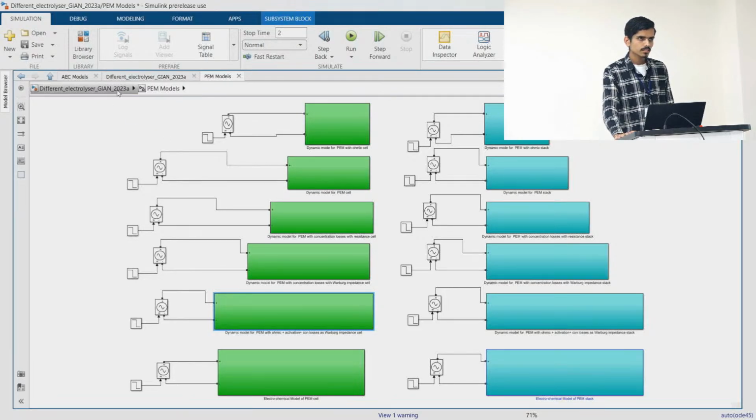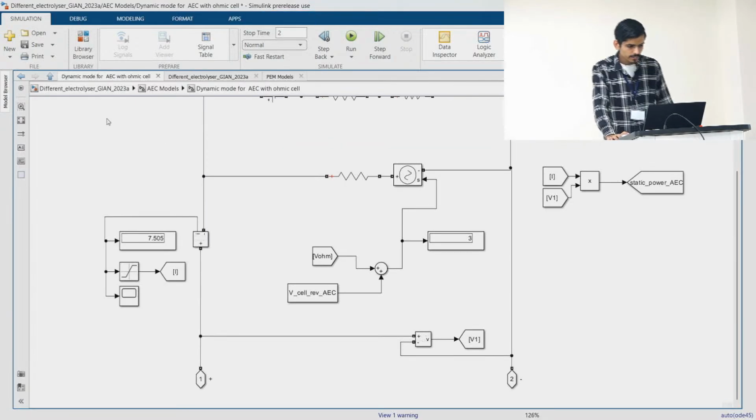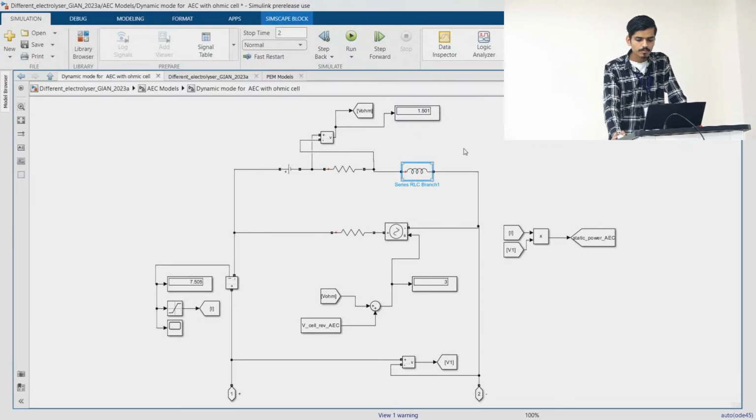Now the next one is the alkaline electrolyzer model. In the morning session, Professor Jahangir described that our proton exchange membrane electrolyzer is faster than the alkaline electrolyzer. The main reason behind that is this inductor. In the alkaline electrolyzer, when we model it in the electrical domain, we have this equivalent inductor to represent its opposition, while in the proton exchange electrolyzer we don't have this inductor.